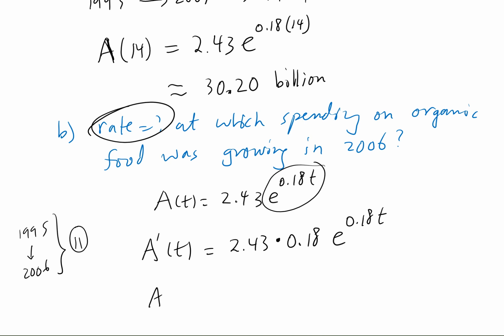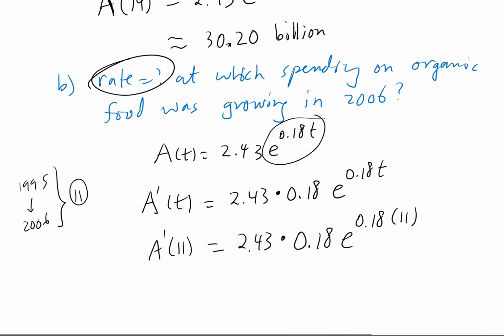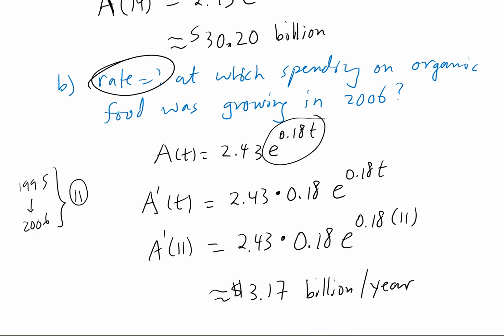So we need to find A prime at 11: 2.43 times 0.18 e to the 0.18 times 11, and put that in the calculator. That gives me 3.17 billion per year. If that's spending, that would be in dollars.